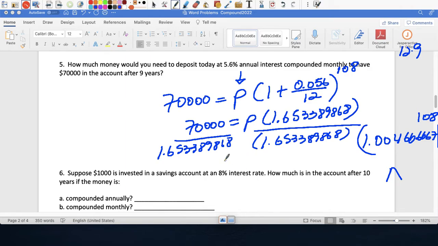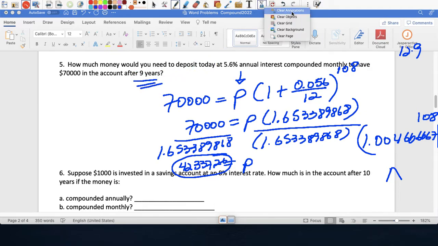That means that our principal, the amount of money we deposited, was $42,337.26. So that's how much money we started with. And again, we didn't leave the money in the account for too long. Okay, only 9 years.